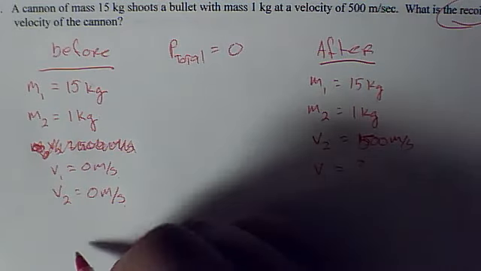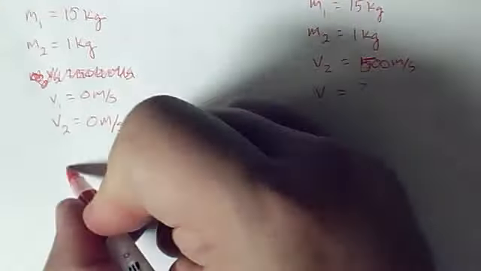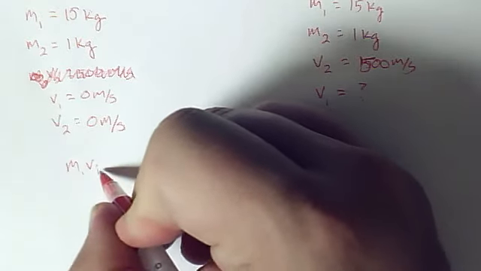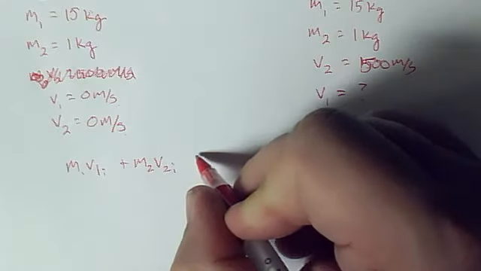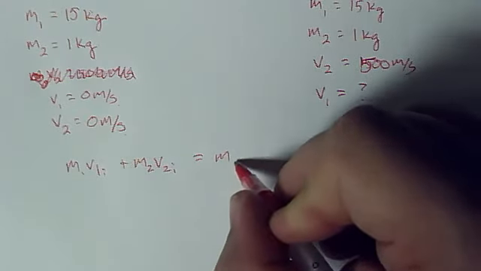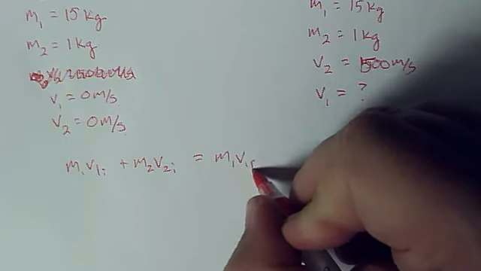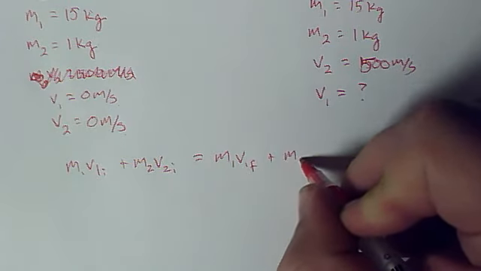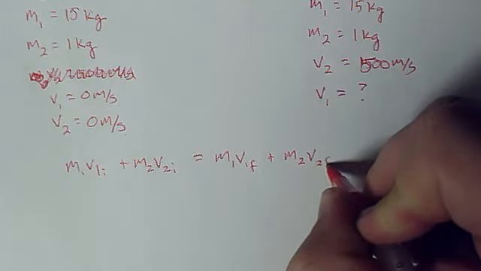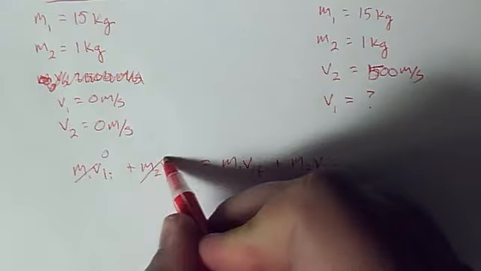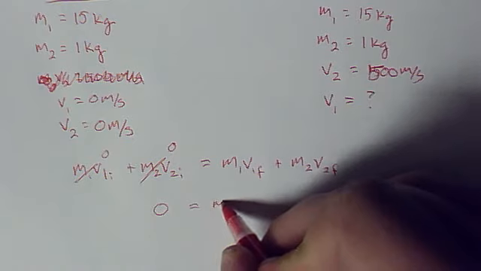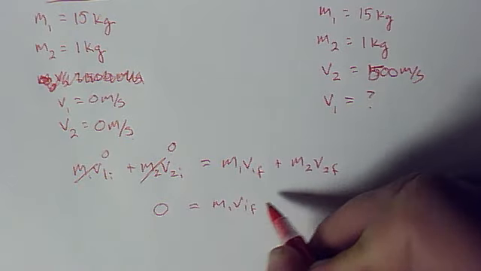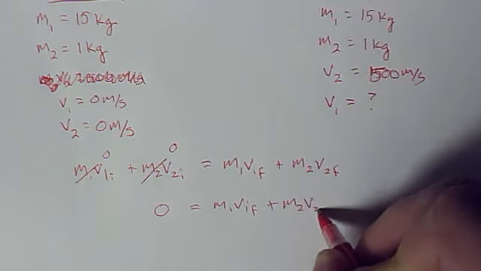So, if you look at the law of conservation of momentum equation, m1 v1i plus m2 v2i equals m1 v1f plus m2 v2f. Now, since this is 0 and this is 0, then I have 0 equals m1 v1f plus m2 v2f.